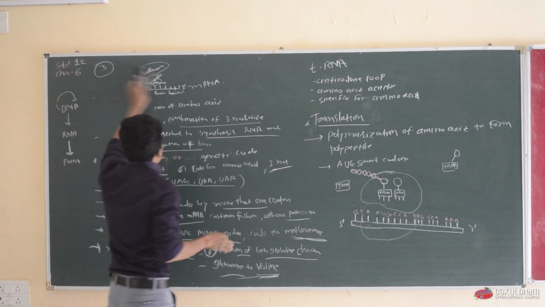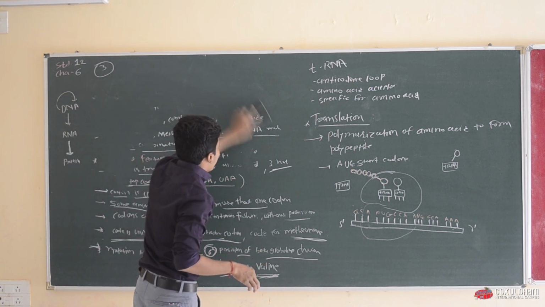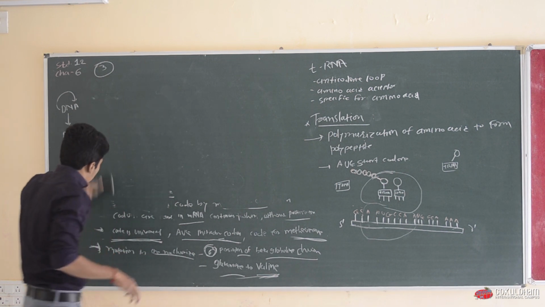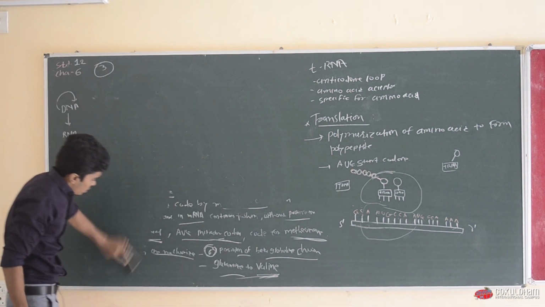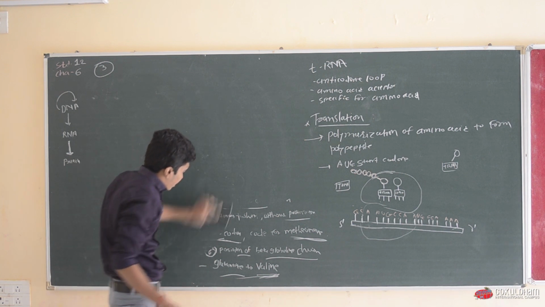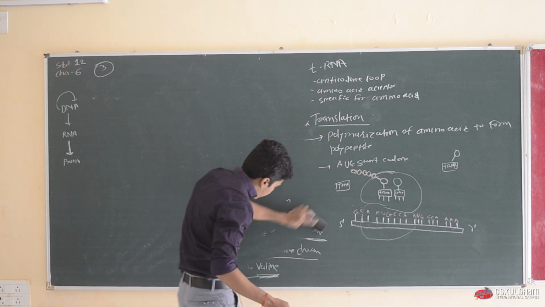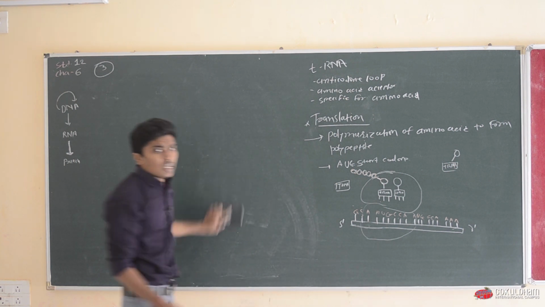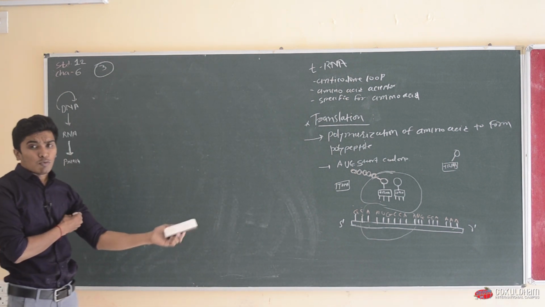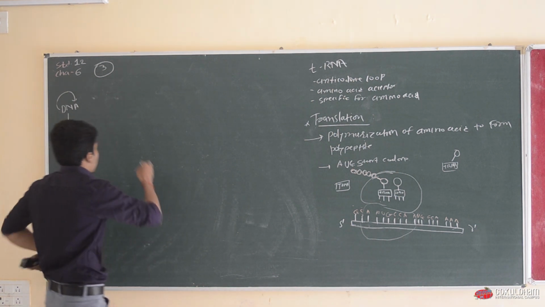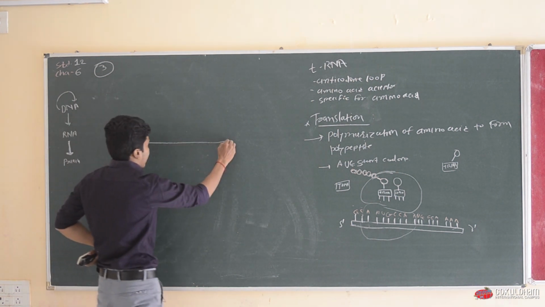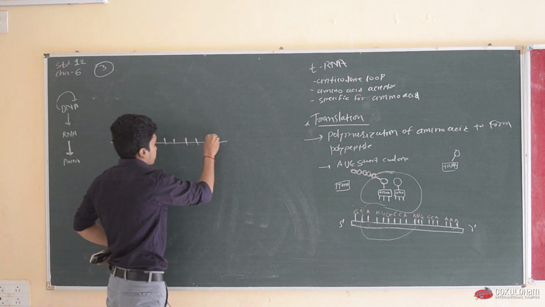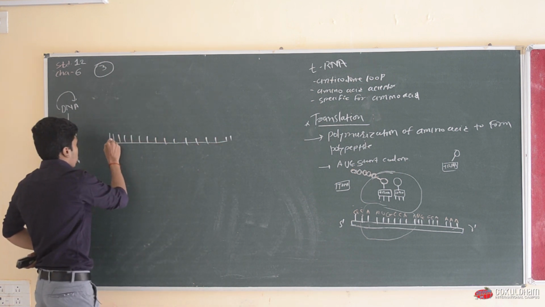Now we will discuss how mRNA is read by the ribosome. In early times, there were many scientists who proposed different theories for how the ribosome reads mRNA. For example, this is mRNA, having particular codons.